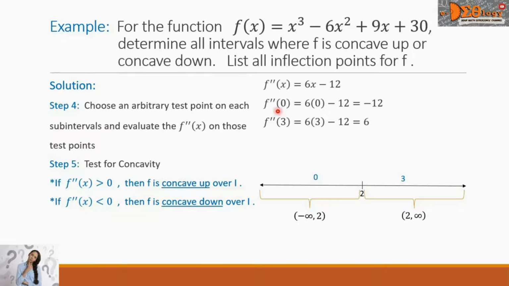So look at our f double prime of 0, the answer is negative 12. Because this is negative, we say that on this subinterval, the function is concave down. While the second derivative with respect to number 3, the answer is positive 6. Because this is positive, we can conclude that on this subinterval, the function is concave up.